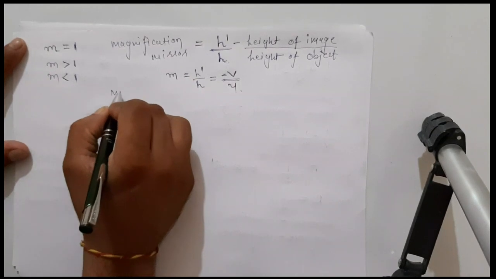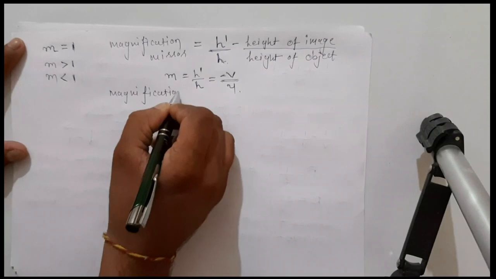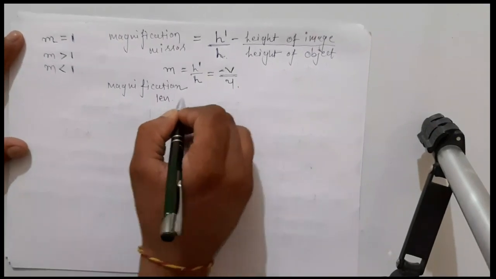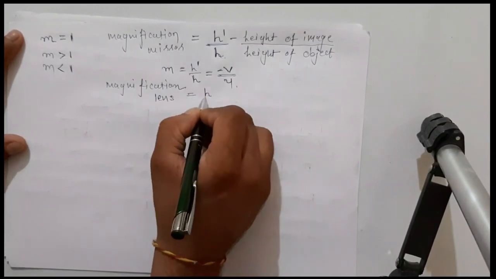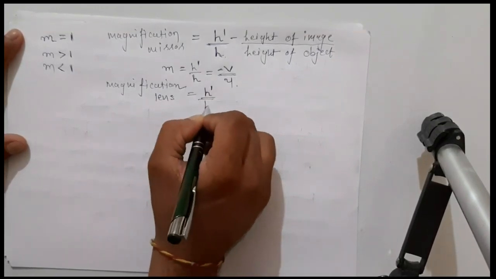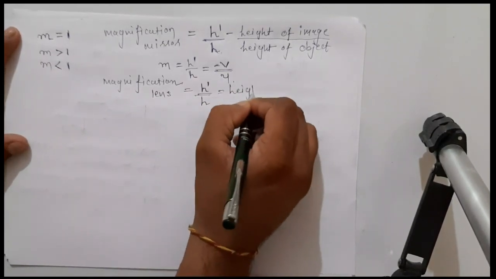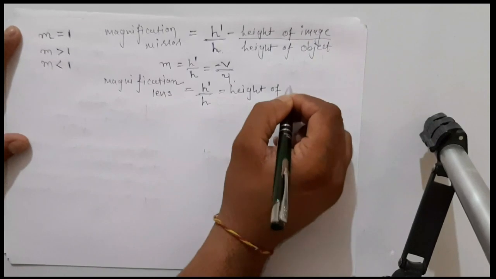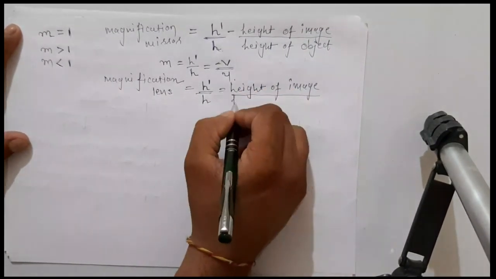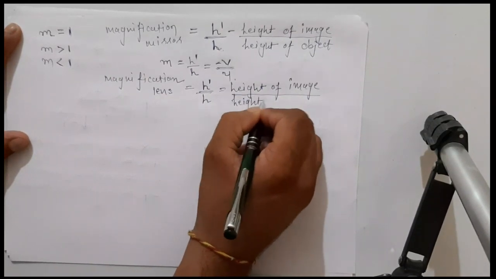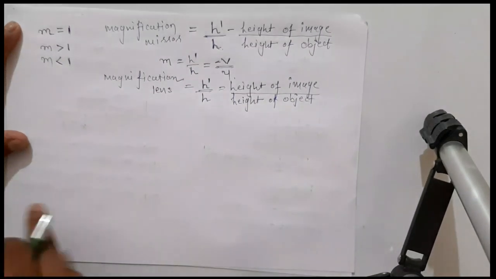Now when we are talking about magnification in a lens, the definition is the same: the ratio of height of image to height of object.